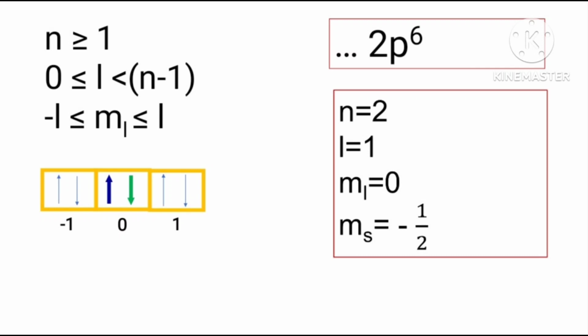There are 2 electrons, so I colored them. One is blue, the other one is green. Let's imagine that we are interested in the green electron. Its spin number will be minus 1 second, and the other one will be plus 1 second. This sign, plus or minus, shows the spin. If one electron on the orbital has plus 1 second magnetic spin quantum number, the other one will be minus 1 second because they have opposite spins.